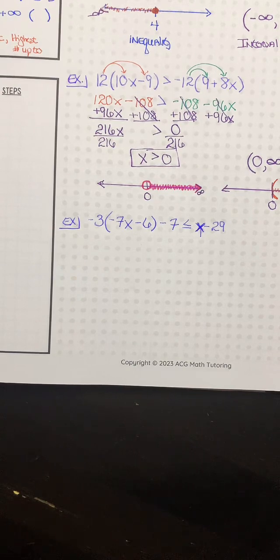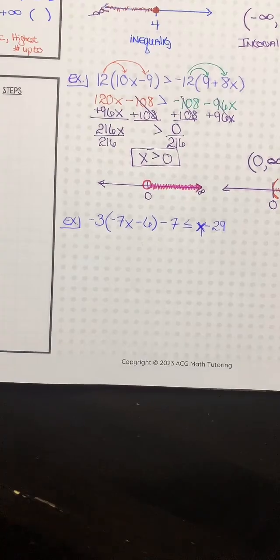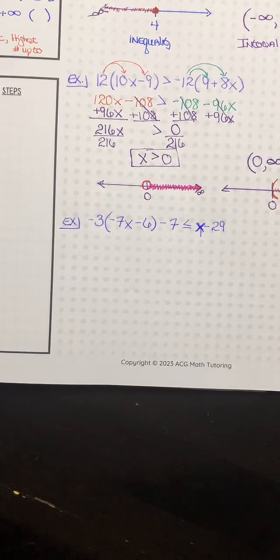All right, so Daniel saying X less than or equal to -2. All right, let's see. I'm okay. I feel a little lifted.